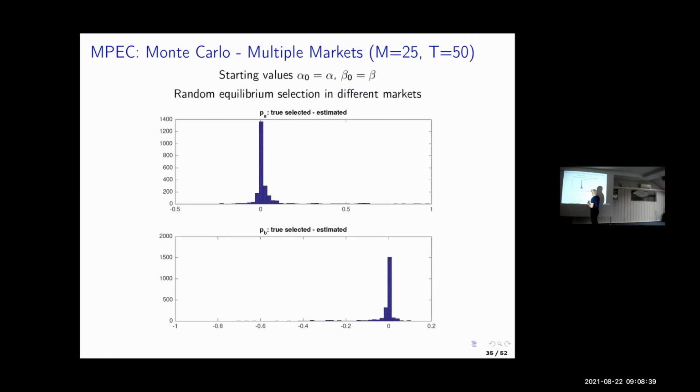You see, there's actually a fair degree of a number of predicted equilibria that are out here that probably is due to wrong equilibrium selection rule or local minimum.